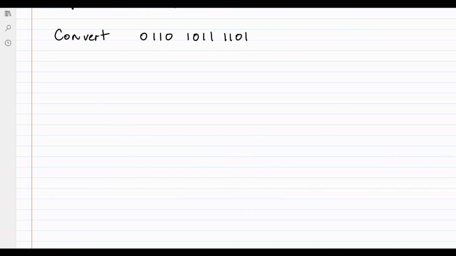Okay, so if they're written as nibbles like this, then 0, 1, 1, 0, that's a 6. 1, 0, 1, 1 is B, and 1, 1, 0, 1 is D. Okay, so this is just equal to 6BD in base 16.